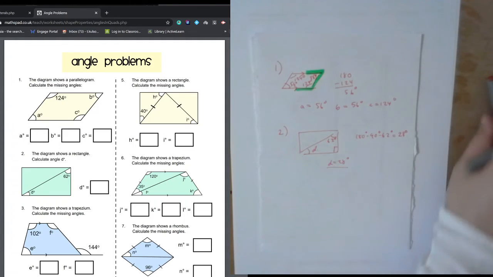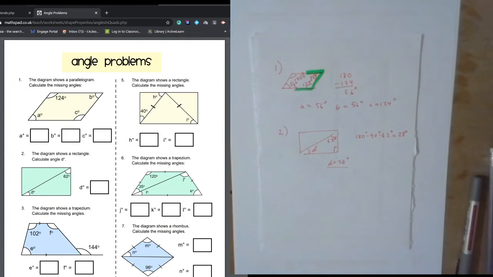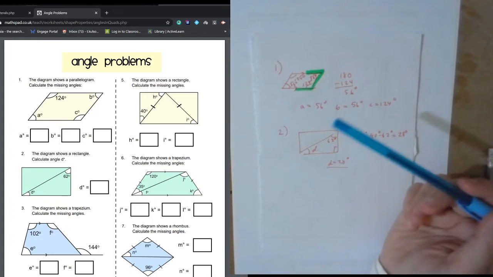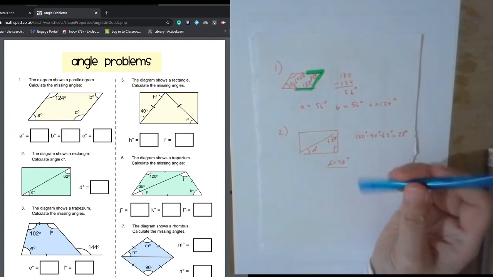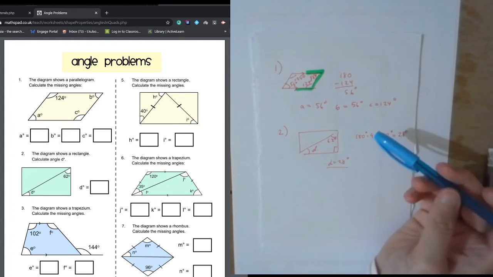Okay, so you're just essentially using the rules that you already know to fill in these questions over there. What I'm going to do in the Google Classroom is pop this worksheet on. I will also pop on the White Rose Maths worksheets as well, so depending on the style you want, it will be there. I'll also pop on a challenge one, so you can just look and work through as you want.